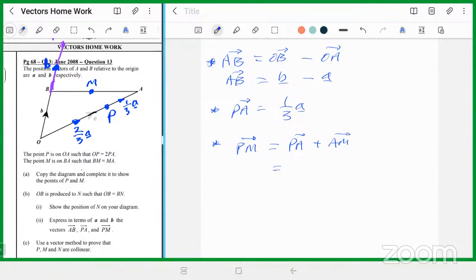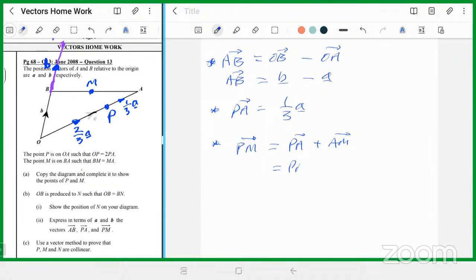All right, so what are we going to do next? We know this already, right? What is the AM equal to? Half of AB. And this is the AB, right?